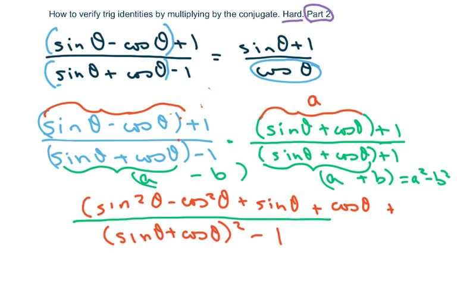I'm running out of room here. Let me squeeze this in a little. Sorry about that. So when you FOIL the top, you're going to get plus cosine theta plus sine theta minus cosine theta plus 1. All right, and that's just foiling up the top.